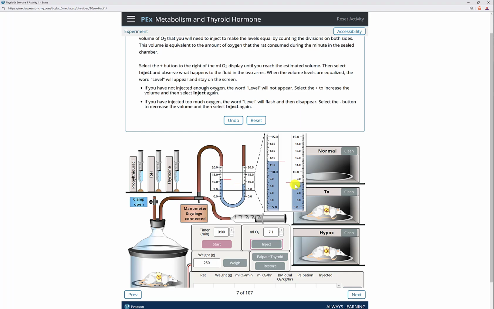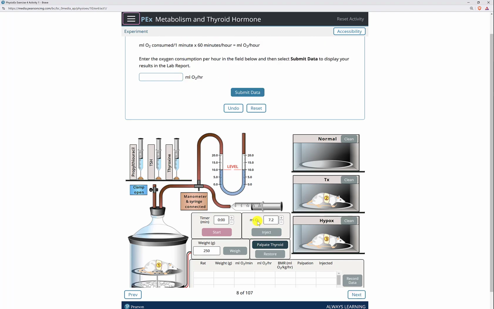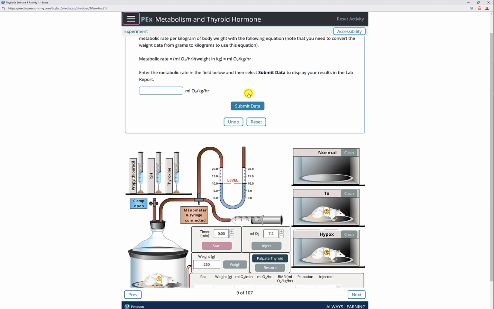If it doesn't level, you will either increase or decrease using the plus minus. So I will increase to 7.2. It's level. Okay, next. Now this 7.2 was the amount of oxygen consumed by the rat at rest in 1 minute. We need to multiply this by 60 to figure out the amount of oxygen the rat is using per hour. This should be around maybe 432. Okay, submit the data.